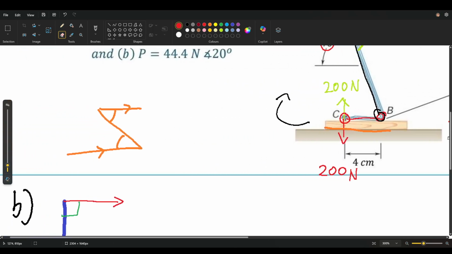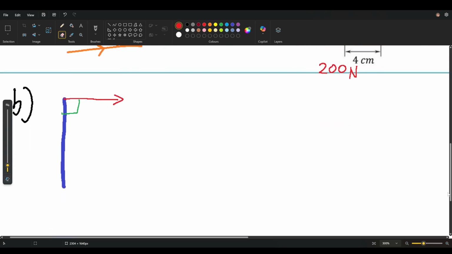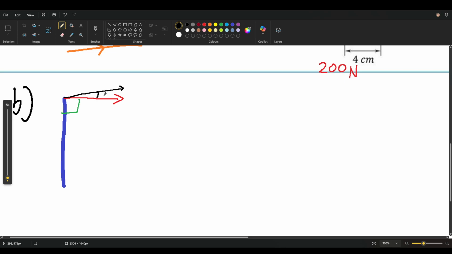Even if, for example, I have a force acting just like this, as long as there's an angle, I am basically having more than the required force because some of it is going to be translated into the y-axis, which is basically useless.